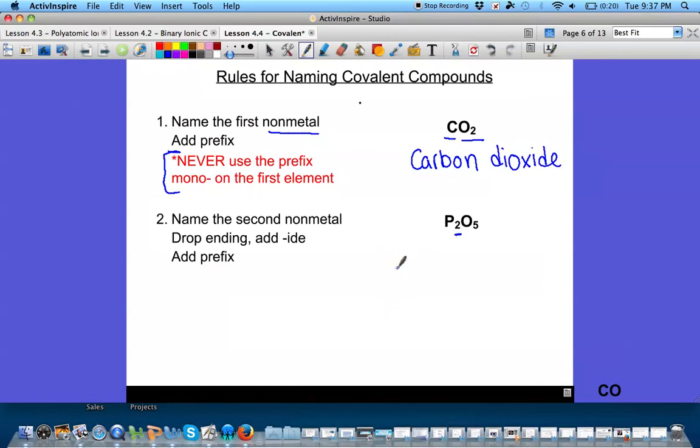The prefix for 2, again, is di. P is phosphorus, so diphosphorus. O5, the prefix for 5 is penta, so it's pentoxide. We dropped the A off of penta, so you don't have a double vowel there.